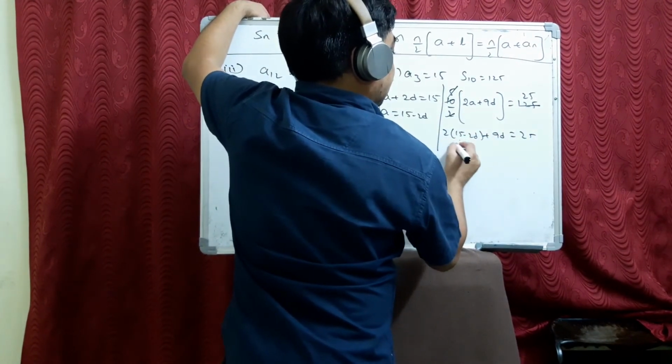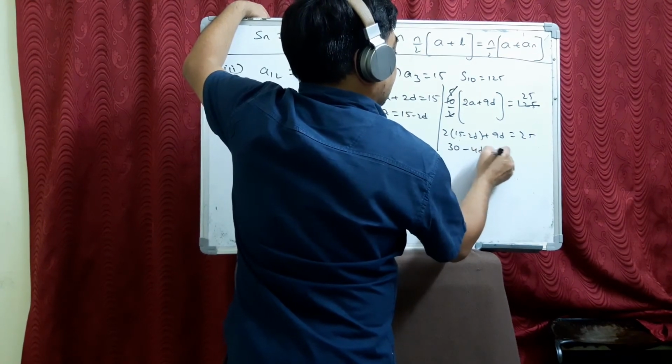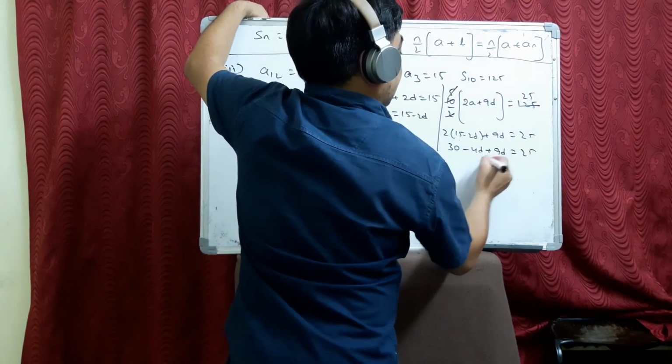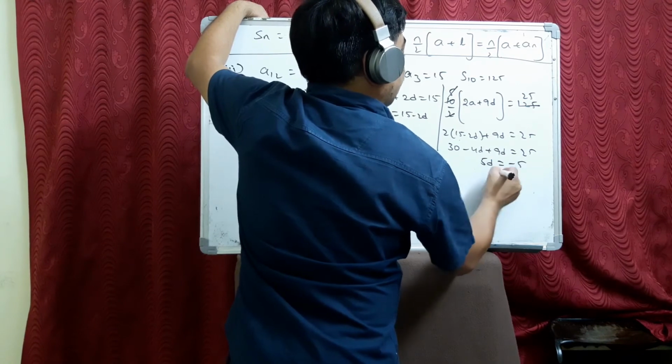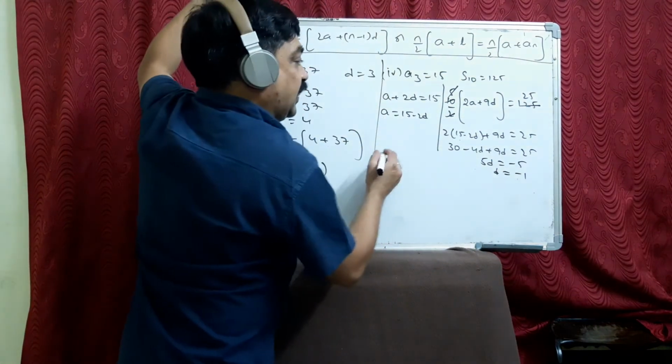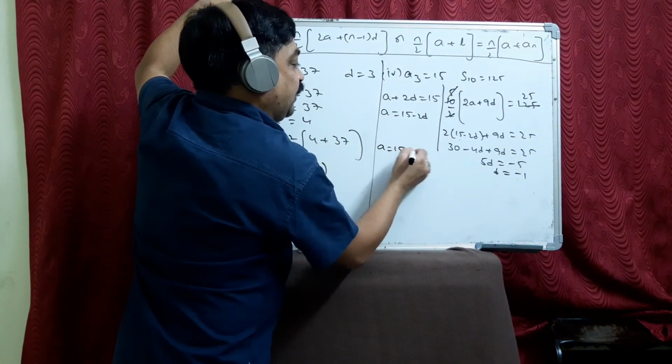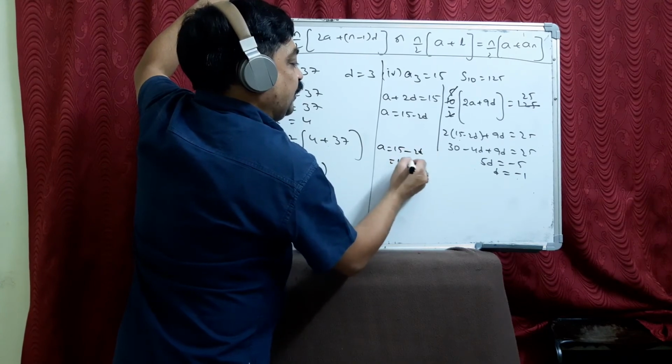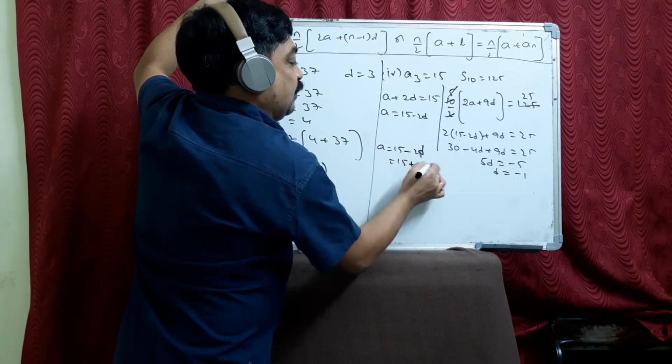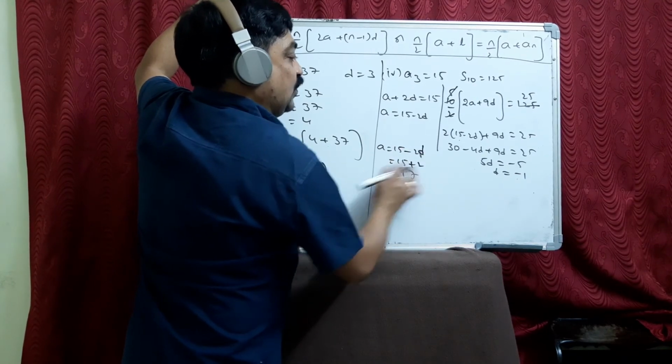This becomes 30 minus 4D plus 9D, 25. 5D is equal to minus 5. D is minus 1. After getting D, you get A. 15 minus 2D. 15 plus 2. It becomes 17. You got A value and D value.